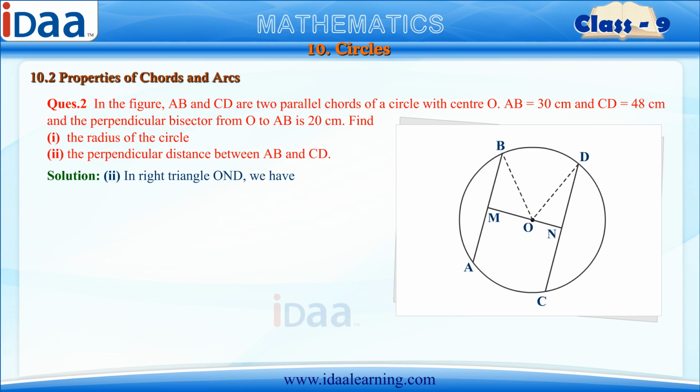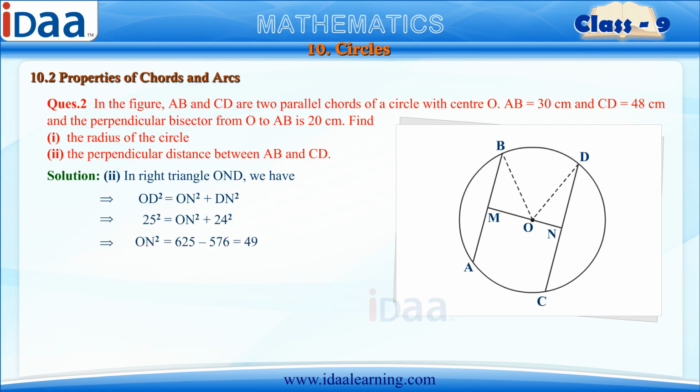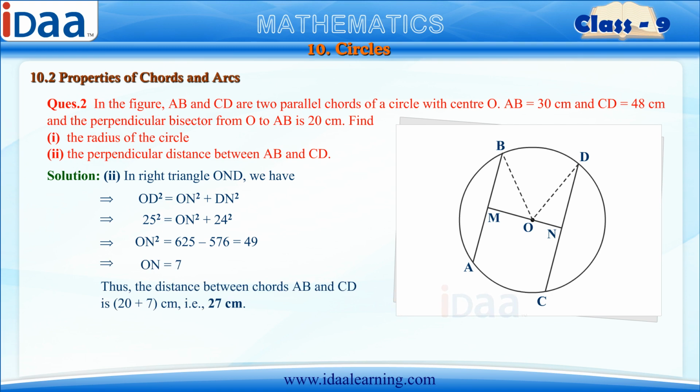In right triangle OND, we have the distance between chords AB and CD is 20 plus 7 centimeters, that is 27 centimeters.